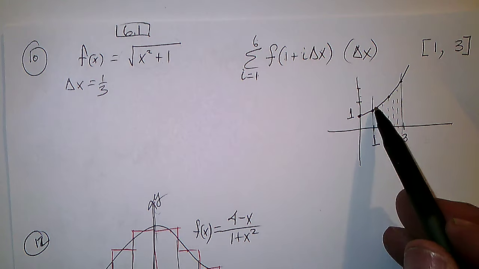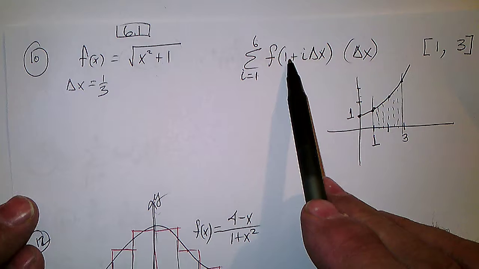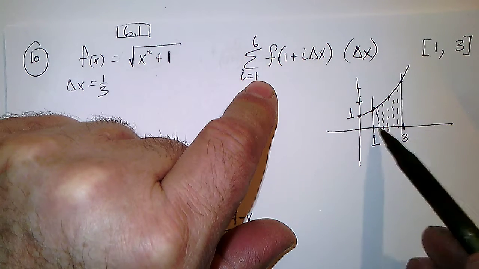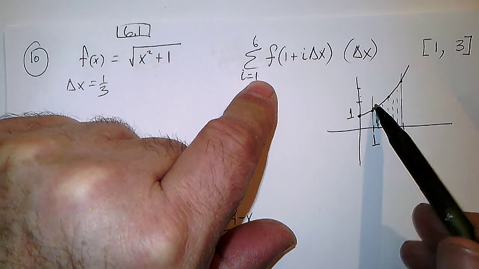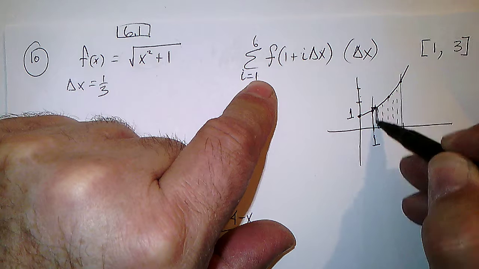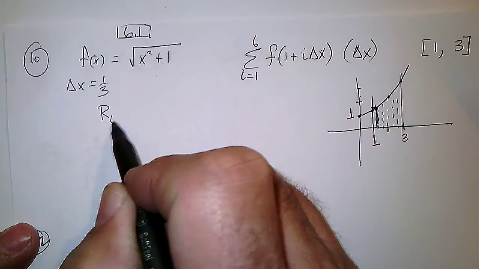So those are the rectangles. Since it says to start with 1 plus 1 1/3, we're doing the right hand side of each of these rectangles. We're doing R6.